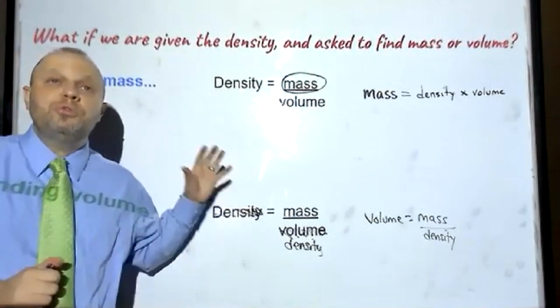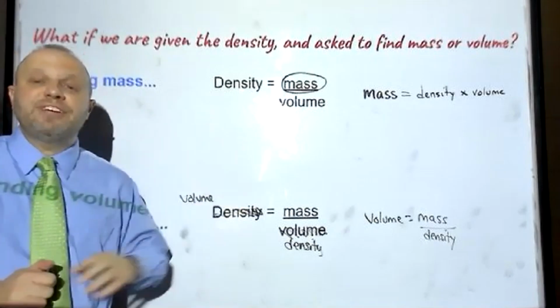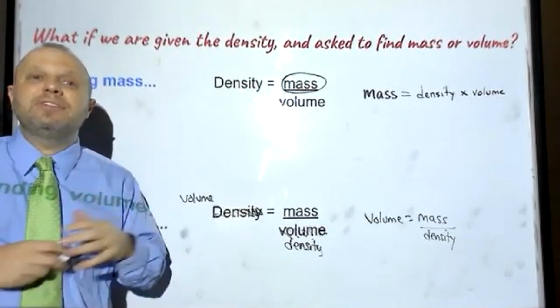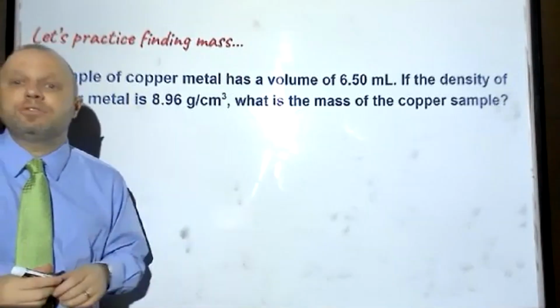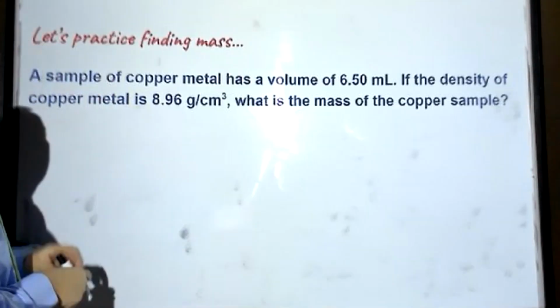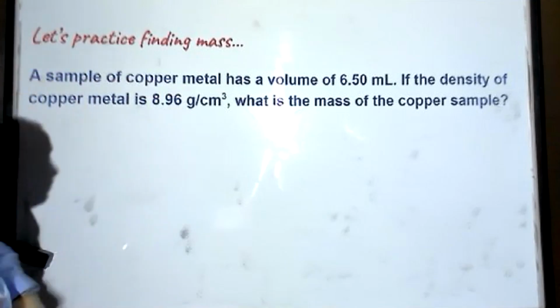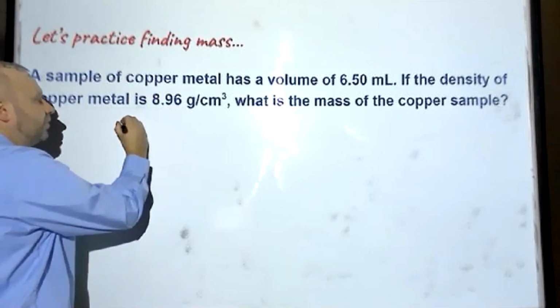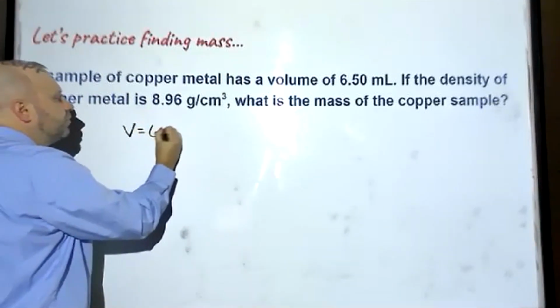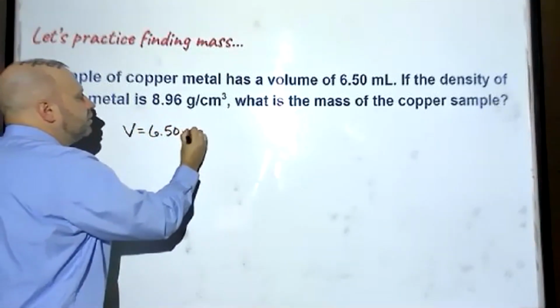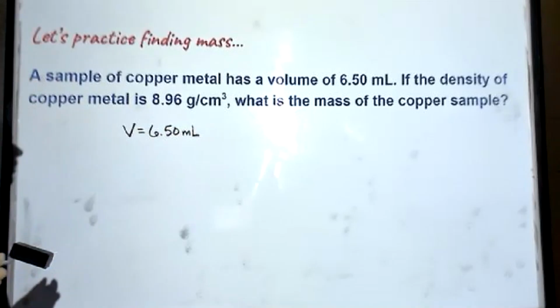Okay, we're going to use both of these equations as we finish up our last two example problems. For this example, I wrote: a sample of copper metal has a volume of 6.50 milliliters.